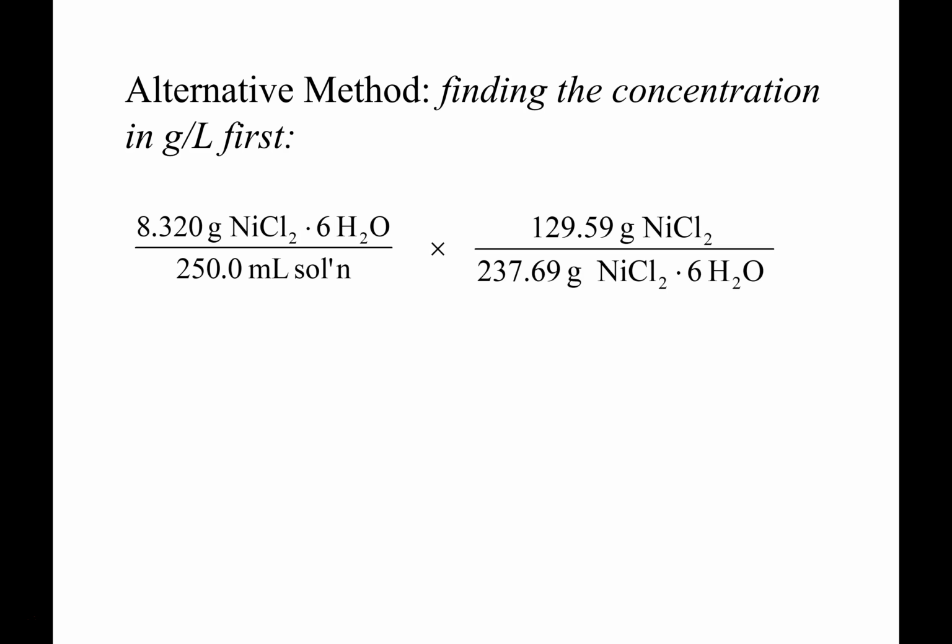So if you go back to a few slides where we had molar masses, honestly, the way this works is for every 1 mole of the hydrated salt, for every 237.69 grams of the hydrated salt, 129.59 grams of that would be the NiCl2, the anhydrous salt. And that actually came from the molar masses.